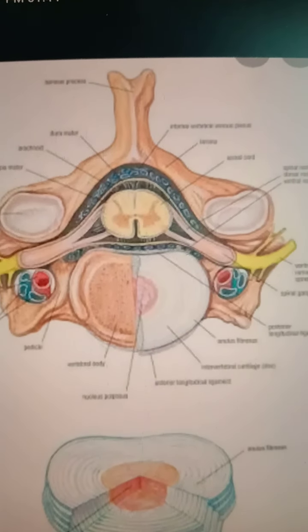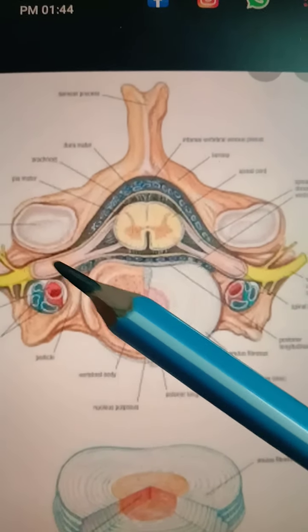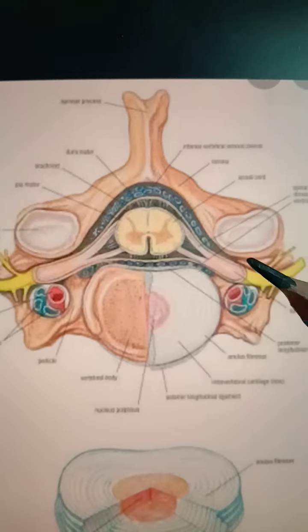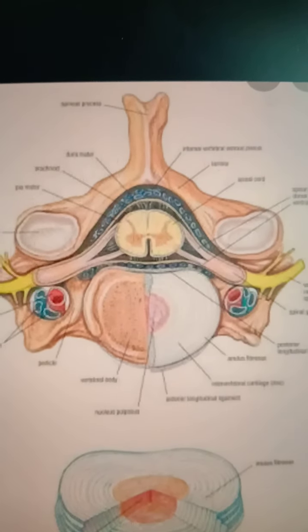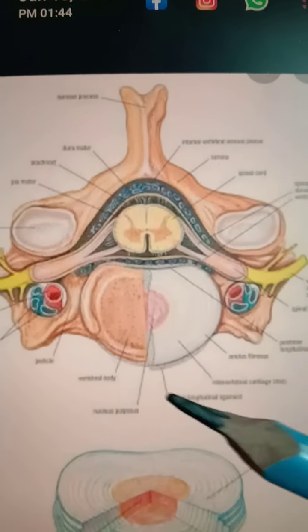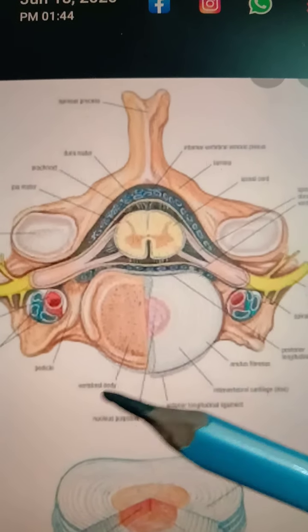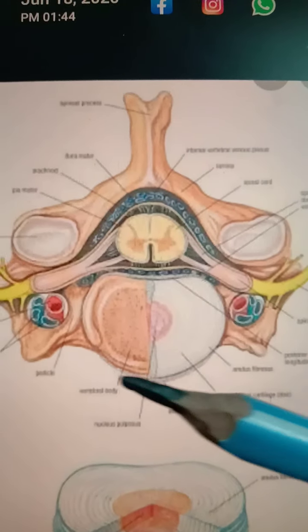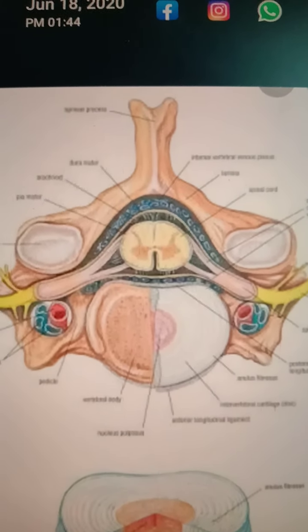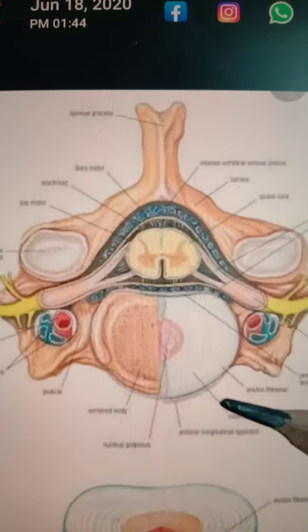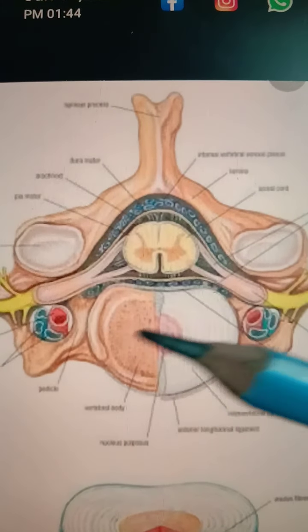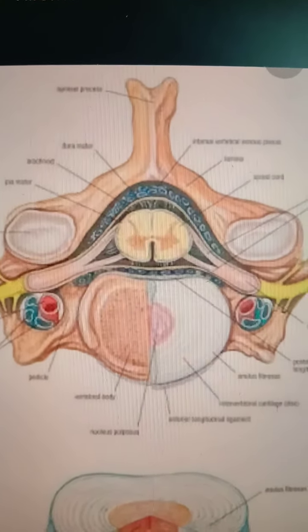Here are the osteophytes of the Luschka joints, occurring on the lateral side. The osteophytes of the Luschka joint may cause distortion of the vertebral artery, causing vertebrobasilar insufficiency, which may cause vertigo and dizziness in the patient.